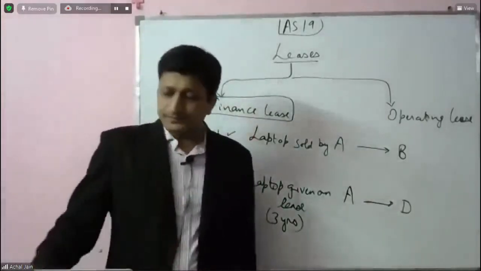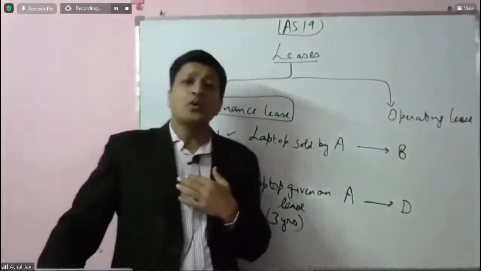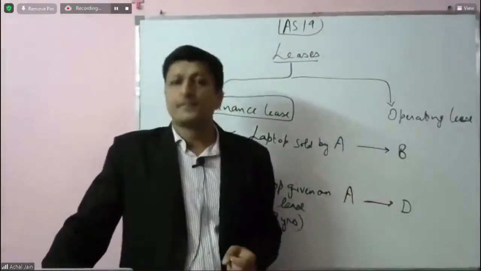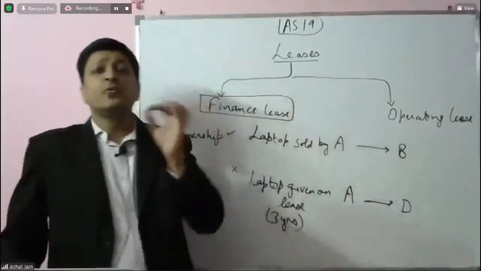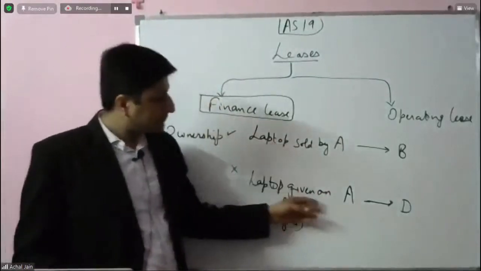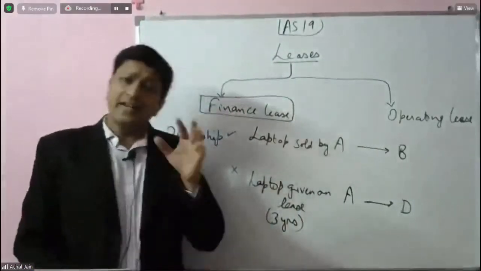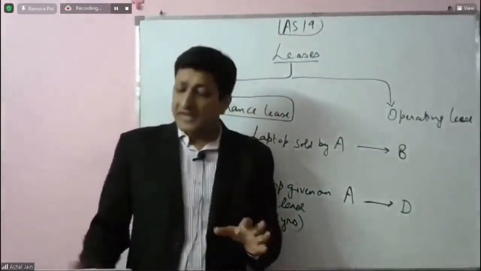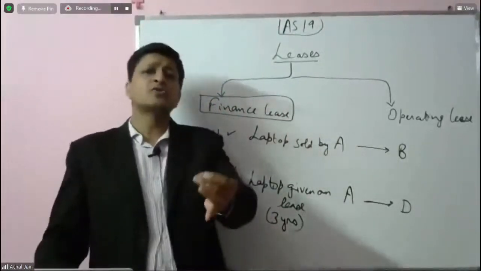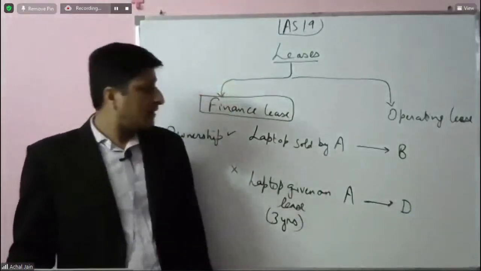Now let's suppose you were involved in a transaction like this. Let's suppose you were given an opportunity to get a laptop from A, instead of B or D, it's you. And you know that effectively any laptop today can be used only for 3 years. After that, it's useless. Why?